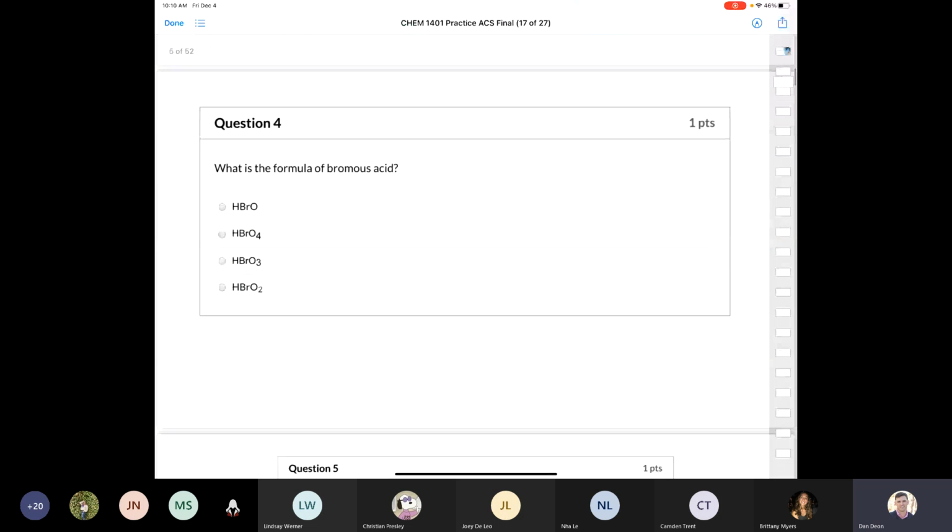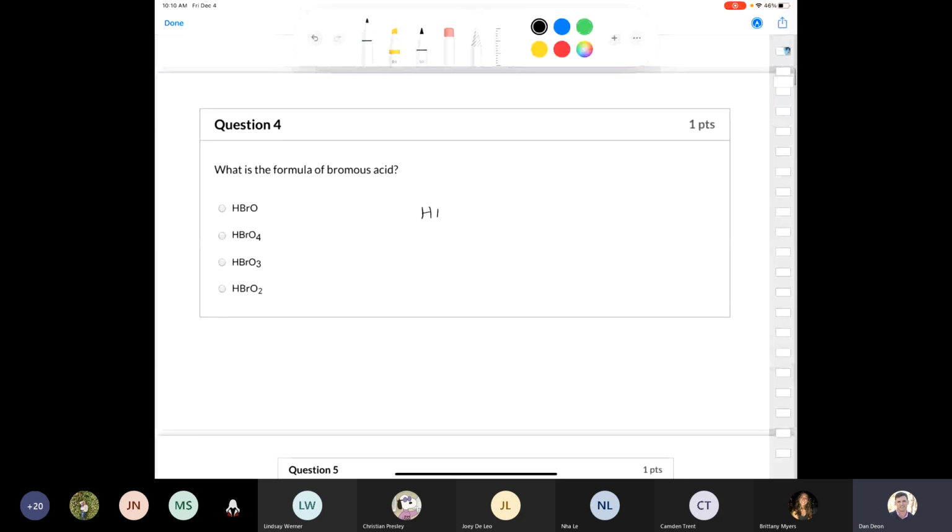Number 4, what is the formula for bromous acid? Well, you should know bromic acid. If you have HBrO3, this is called bromic acid. If you lose an oxygen, it becomes bromous acid. So that's the answer, HBrO2, which is right here.